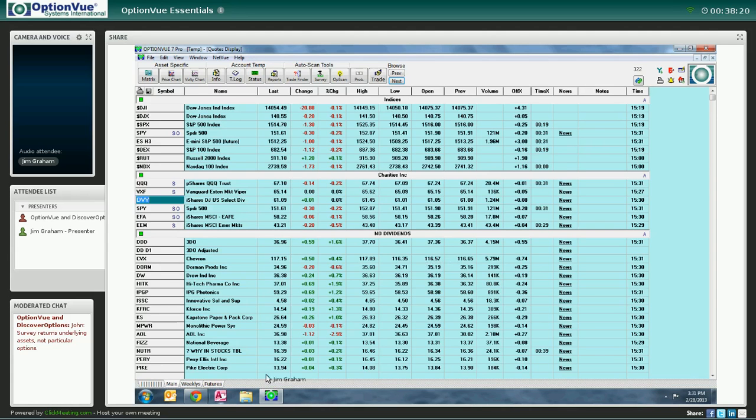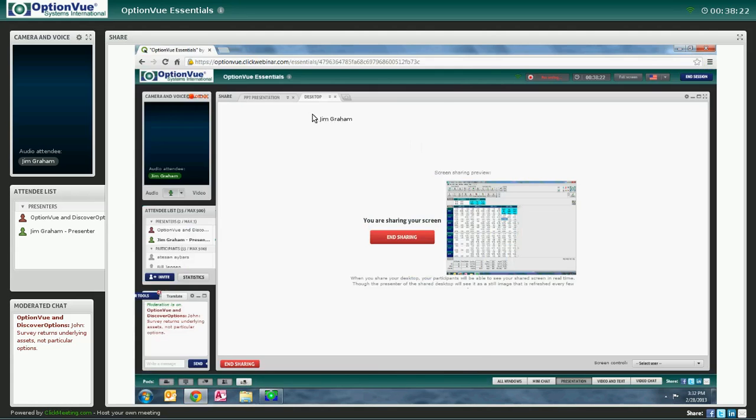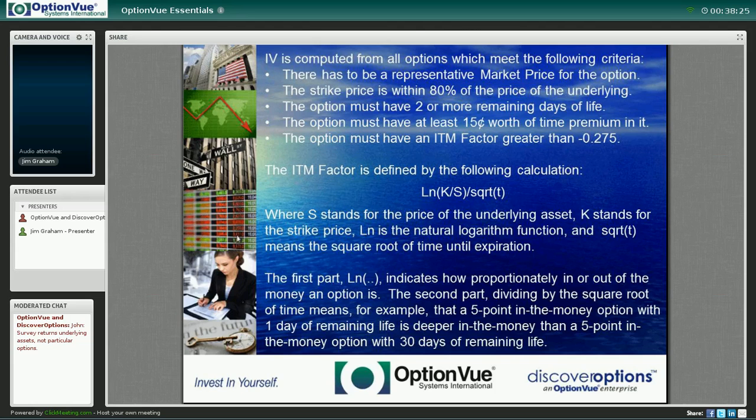So let me just break for a second and go back to my presentation, because I created this slide because it's a common question about why doesn't every option have an MIV displayed in the matrix. So here is the actual rules, which I just copied from our help file. Implied volatility is computed from all options which meet the following criteria, meaning it has to meet all of them.